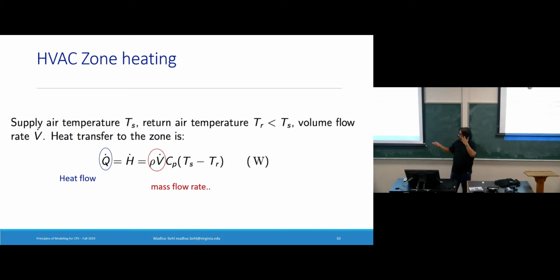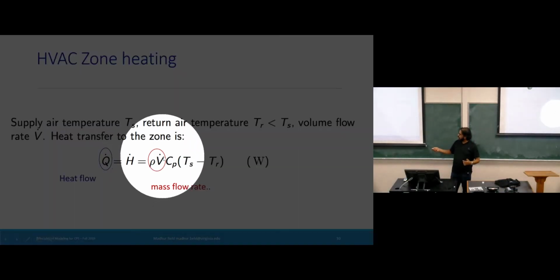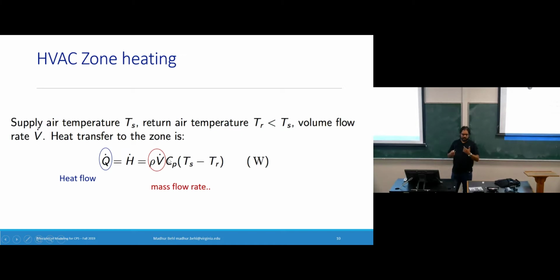And as I said, by looking at the mass flow rate times the specific heat times the resulting temperature difference between the supply and return, you can essentially model this. So this is your first model of what an HVAC system does. With the simple view of the world, we can calculate the heat flow into a system or from a system using this equation right here.